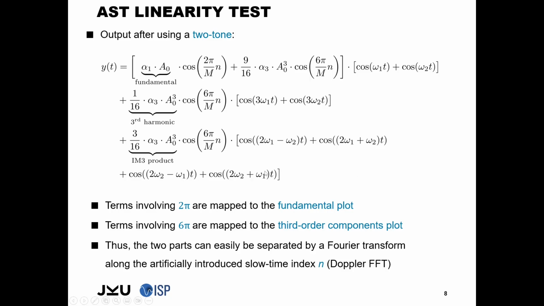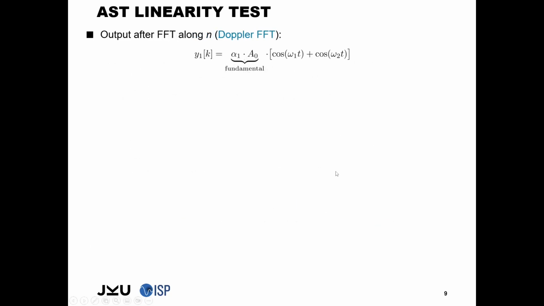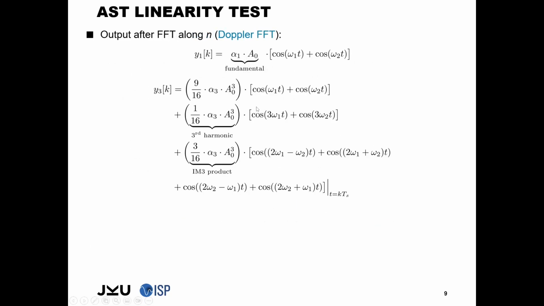So if we are doing a Doppler FFT along the slow time index n, then we can separate those factors like shown on the next slide, because now we have y1 for the fundamental plot and y3 for the third order intermodulation plot. And in y1 we just have the fundamental, and in y3 we again have the third harmonic and the IM3 product.